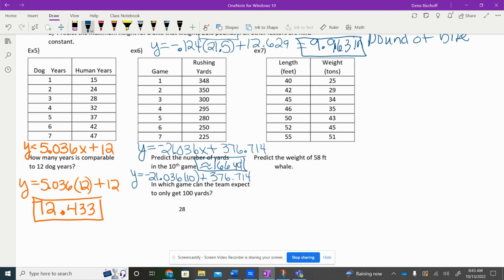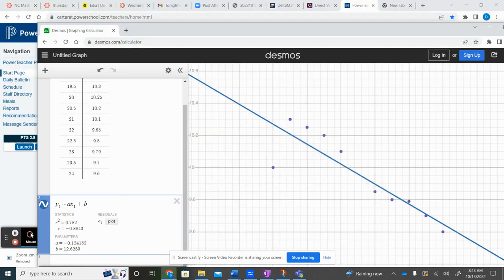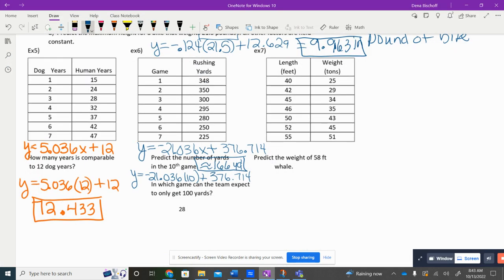Okay. The second question for that table says, in which game can the team expect to get only 100 yards? How do I do that? What is that 100 yards representing? The X value or the Y? It's representing the Y. So I replace the Y value with 100. So 100 equals negative 21.036x plus 376.714.